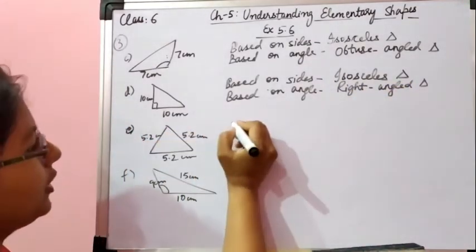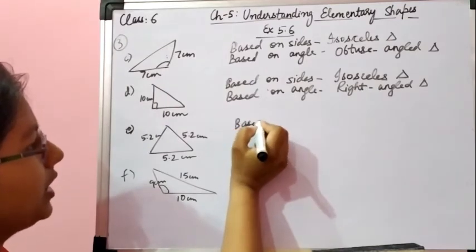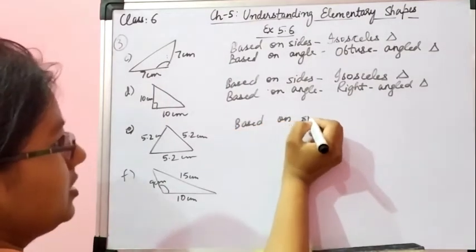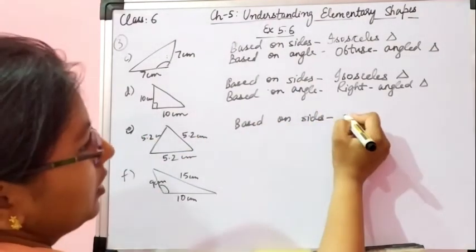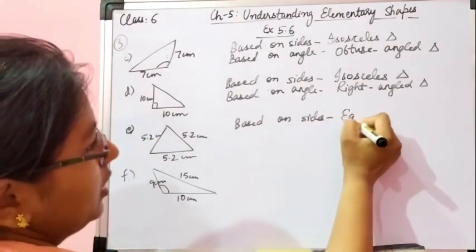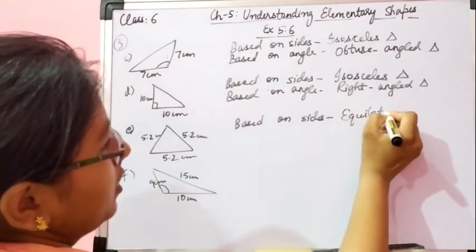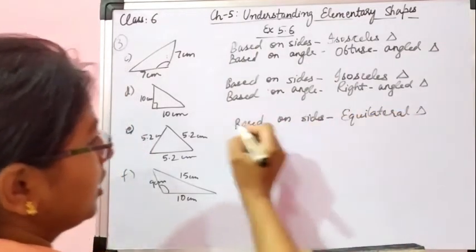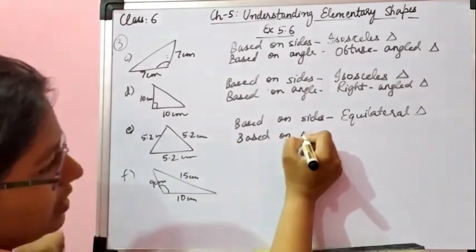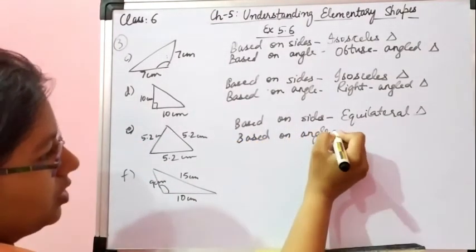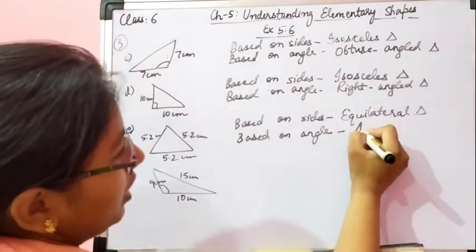Okay. Similarly for E part, based on sides, all three are equal. Equilateral triangle. And based on angles, by observation we can say that all are acute. So it should be acute angled triangle.